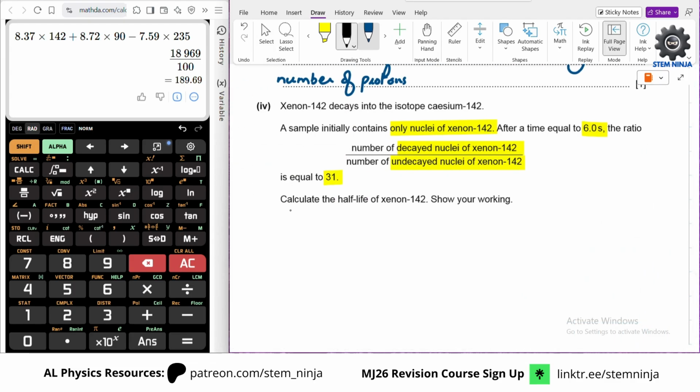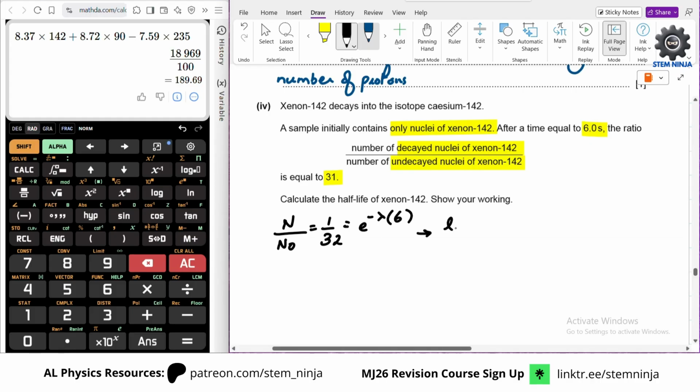Okay, so now that we have N over N naught to be 1 over 32, this is equal to e raised to the power minus lambda times 6 seconds. So we need to figure out what lambda is. We have ln of 1 over 32, which is minus ln 32, equal to minus lambda times 6. So lambda is equal to ln 32 over 6.